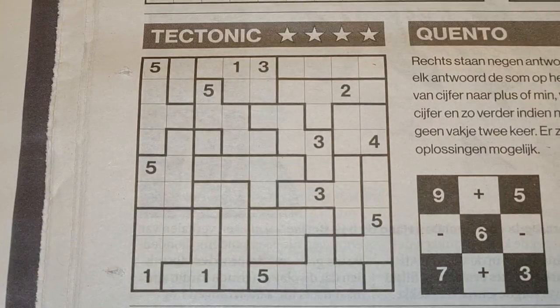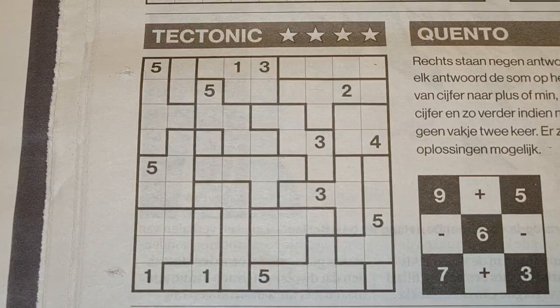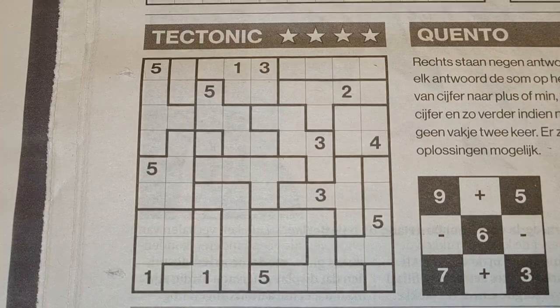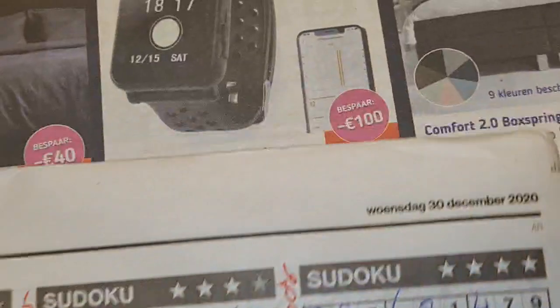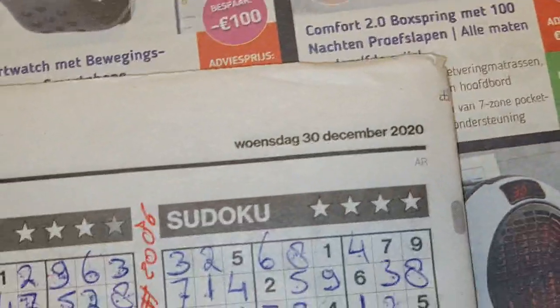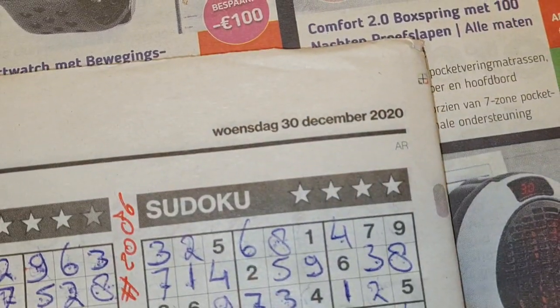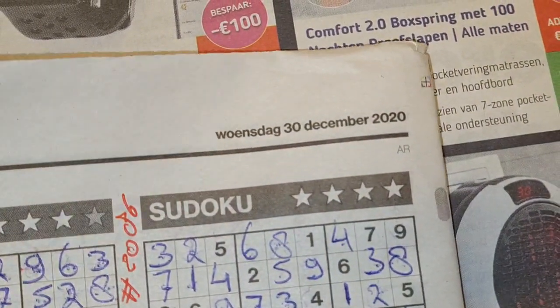What's happening? Yes, the last Sudoku will be for this additional for today. Yes, today in today's newspaper of Wednesday, December the 30th, 2020.